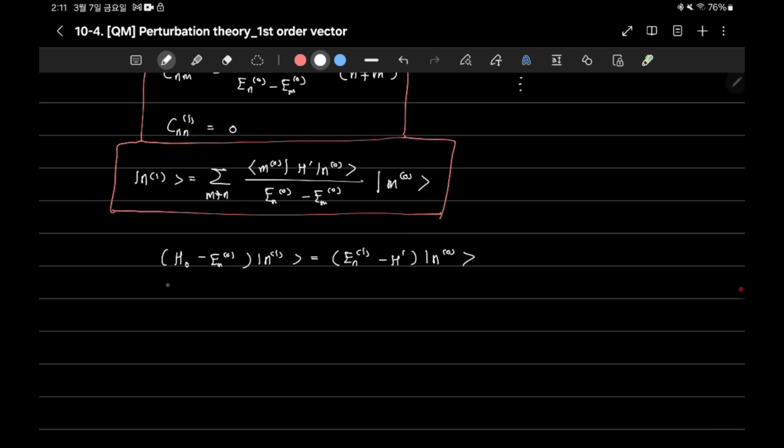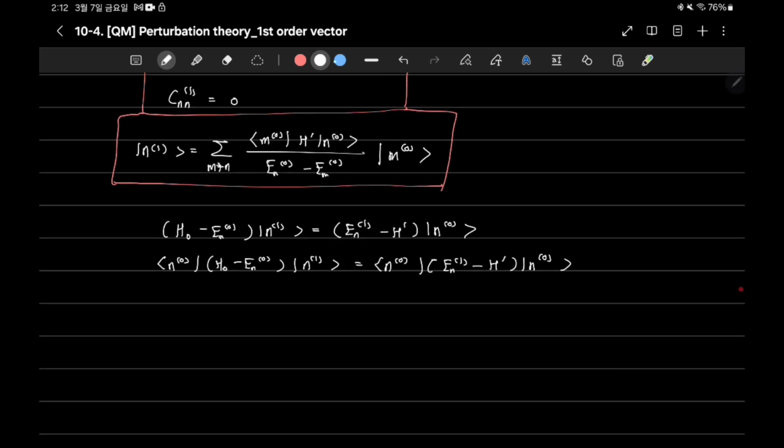Then when you apply N0 here, H0 minus En0 N1, then N0 En1 minus H prime N0.